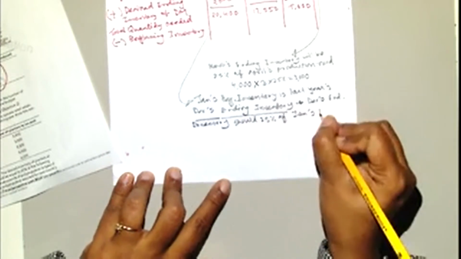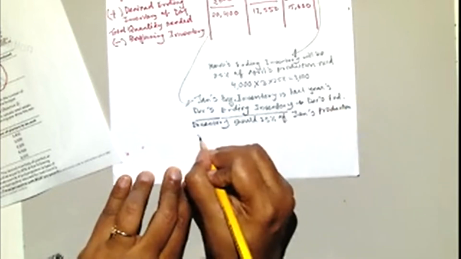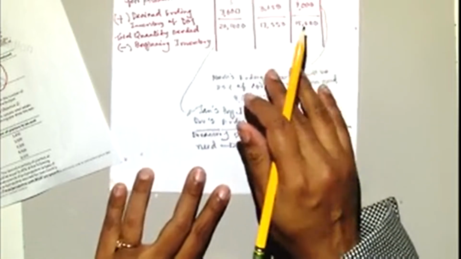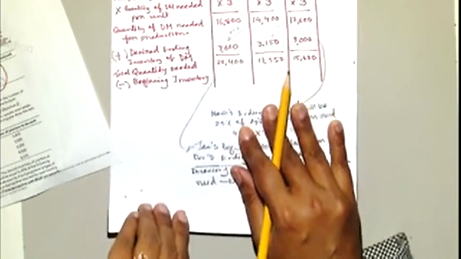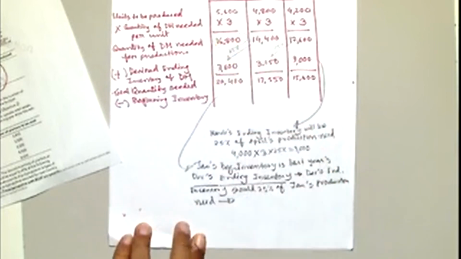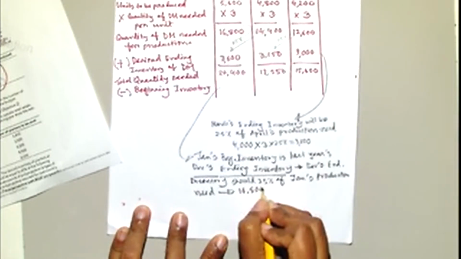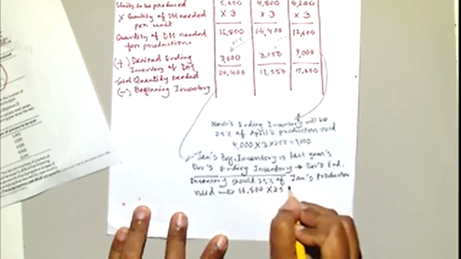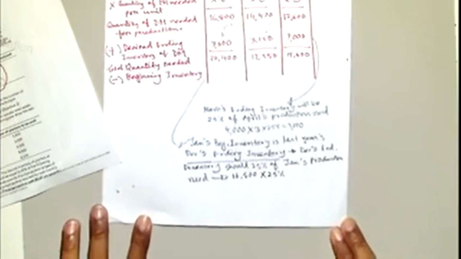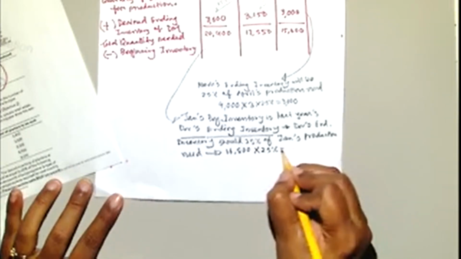And we know January's production need is here, 16,800. So I'm writing 16,800, and then I'm going to multiply by 25%. That should be your December's ending inventory, and that will ultimately be your January's beginning inventory.